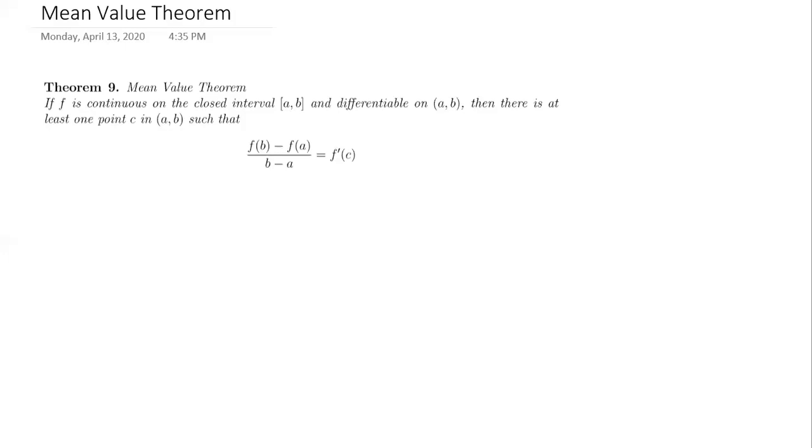Now let's unpack it a little. What is this actually telling us, that f of b minus f of a over b minus a is equal to f prime of c?